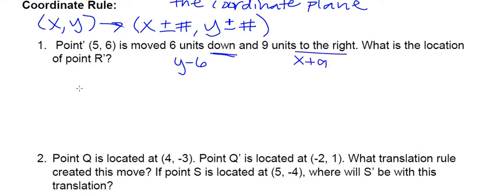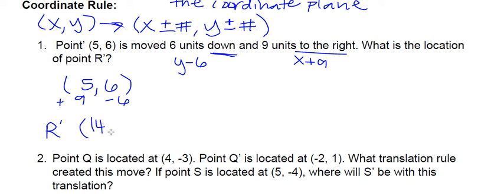Your original point here was 5, 6. Your rule tells you that you need to add 9 to the x coordinate and subtract 6 from the y coordinate. That's going to give you the location of R prime. Well, 5 plus 9 is 14, and 6 minus 6 is 0. So the location of R prime would be at 14, 0.